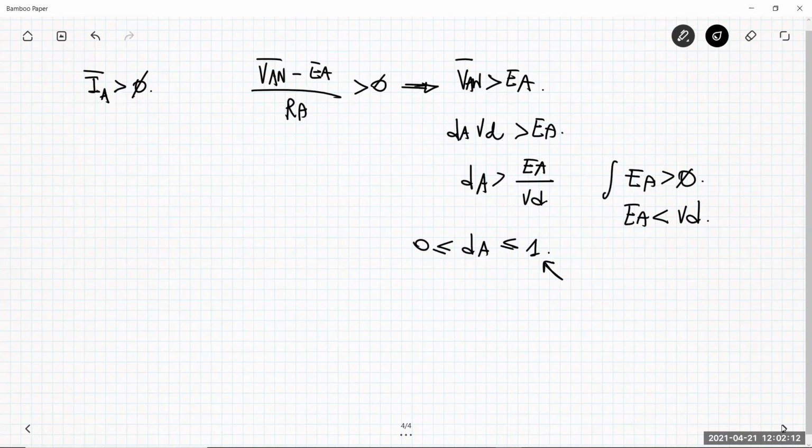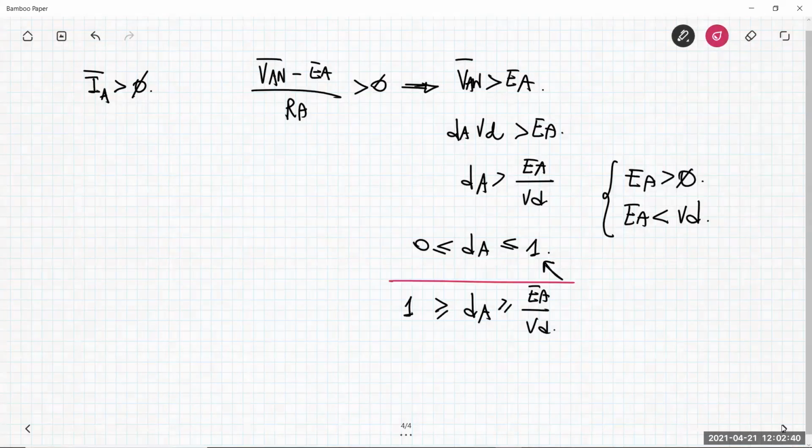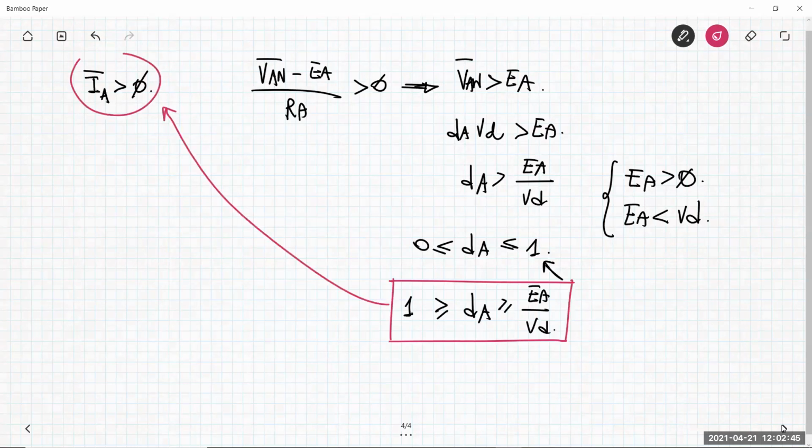So these are the conditions for having a duty cycle with a physical meaning. So the duty cycle DA should be less than 1 and higher than EA over VD. This is the situation that should lead to having a positive current.